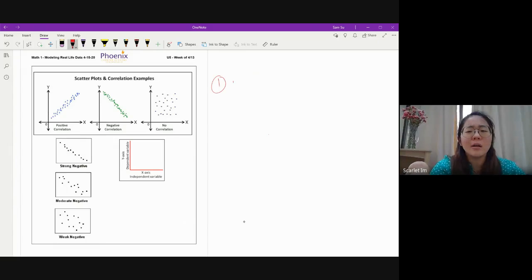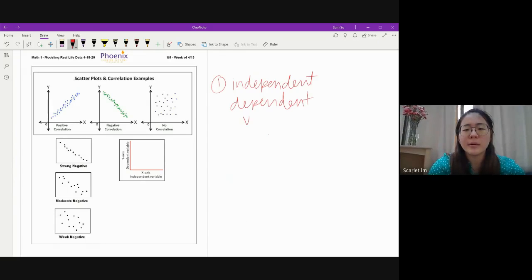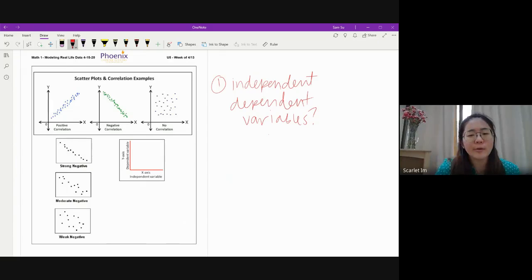All right, so the first one you want to focus on is, what are you actually comparing? What are our independent and dependent variables? If you take note, if you have the graph in front of you, whatever is representing your x values, that's your independent variable.